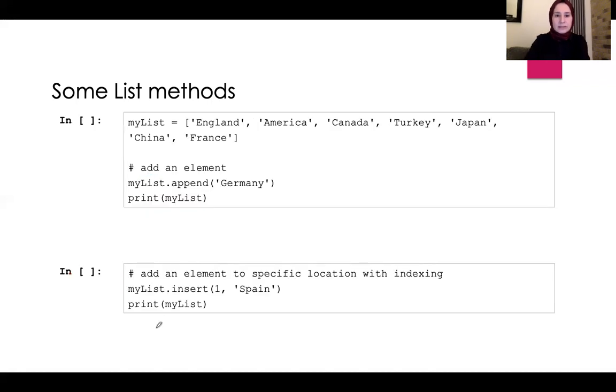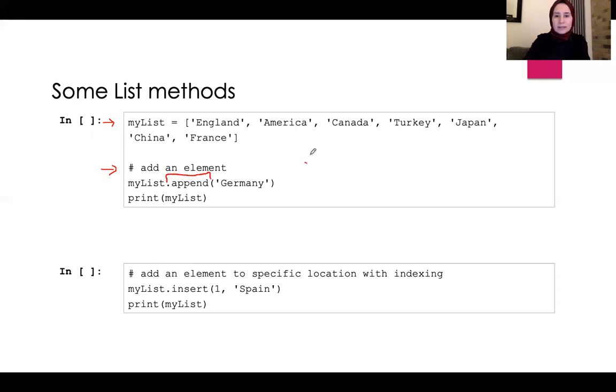So let's learn about some other list methods. We have given the same list here. The countries are the elements for this list. When you want to add any new element to your list, you use the append method.